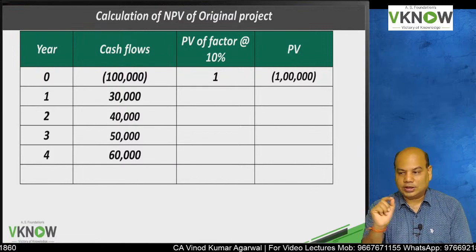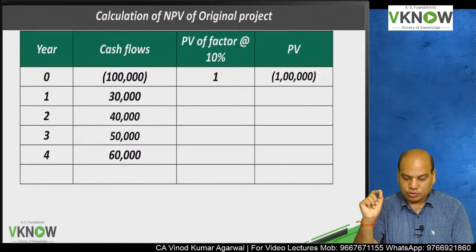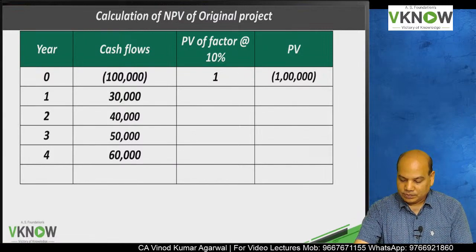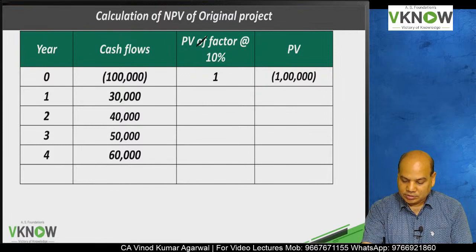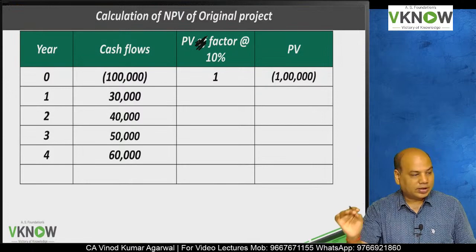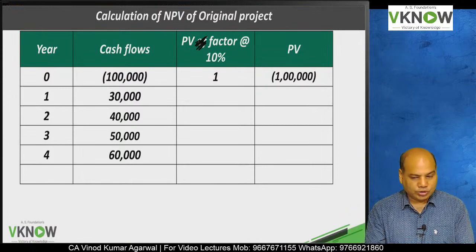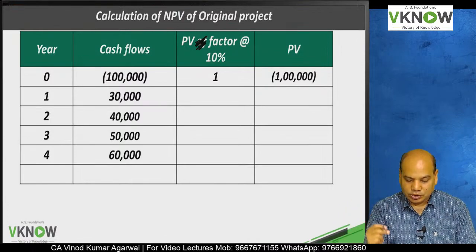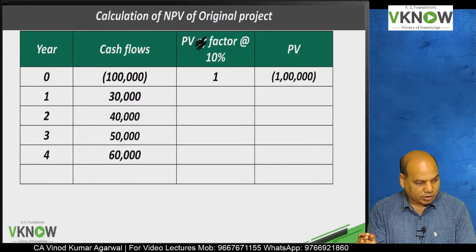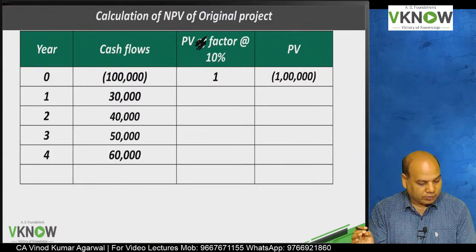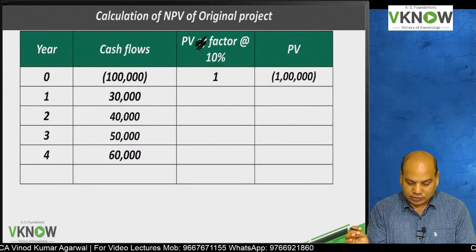4 columns only: year, cash flow, PV factor at 10%, PV. PV factor is given, so I am going to use it. Year, write down 0, 1, 2, 3, 4. It's a 4-year project. Cash flow, write 1 lakh in bracket, then 30,000, 40,000, 50,000, 60,000.